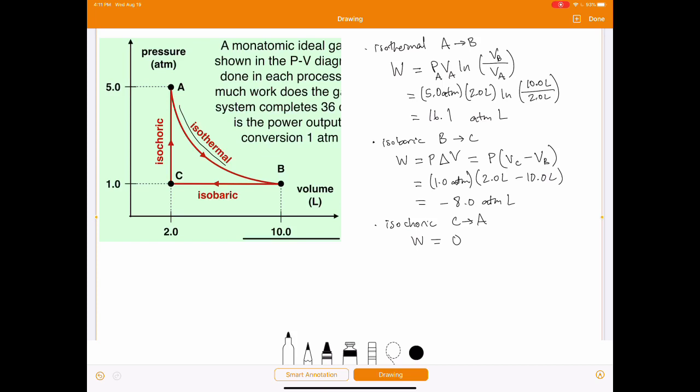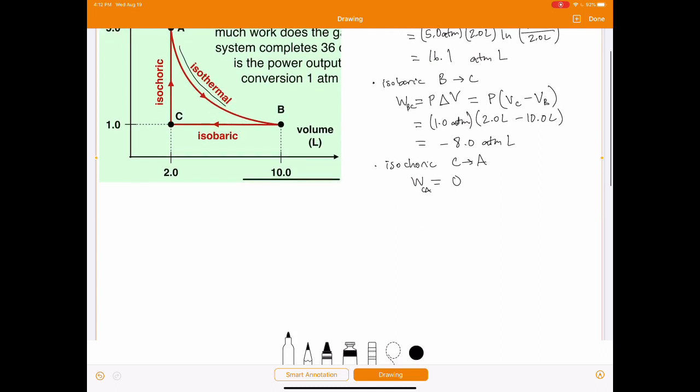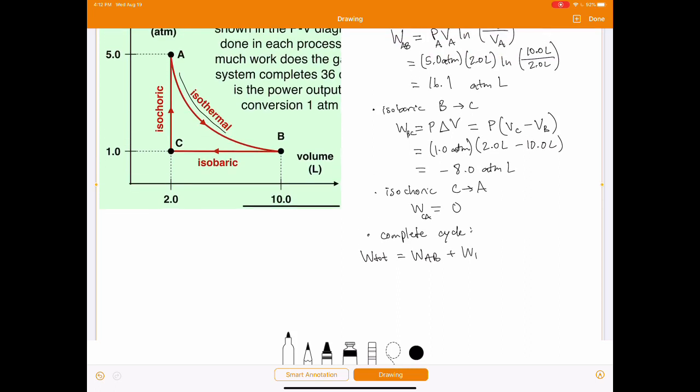So here, let's actually label these a little better. Isothermal, we can call that work WAB. Isobaric, we can call that work WBC. And then isochoric, we can call that WCA, because those are the points along the diagram that we're following. So for the complete cycle, the total work, well, that's equal to WAB along the isothermal curve plus WBC, isobaric, plus WCA for the isochoric.